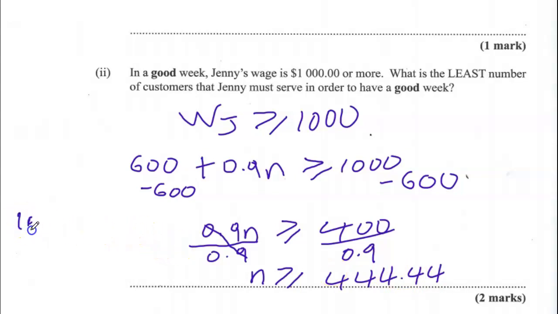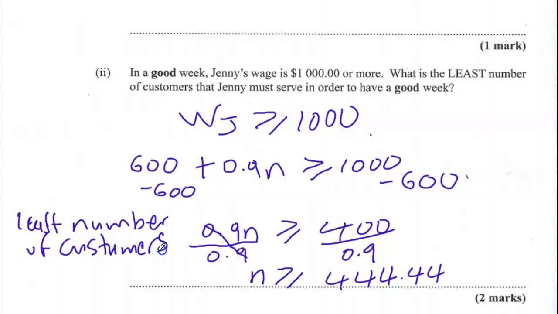So the least number of customers that she must serve would be 445. So you round up, because it's not possible to have decimals when you talk about number of persons, right? So our solution would be 445 customers that she must serve if her salary should be 1,000 or more.